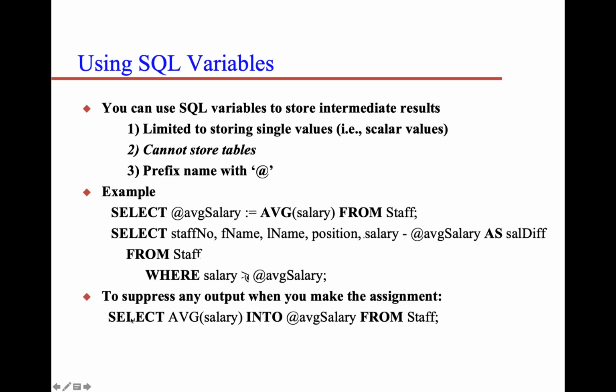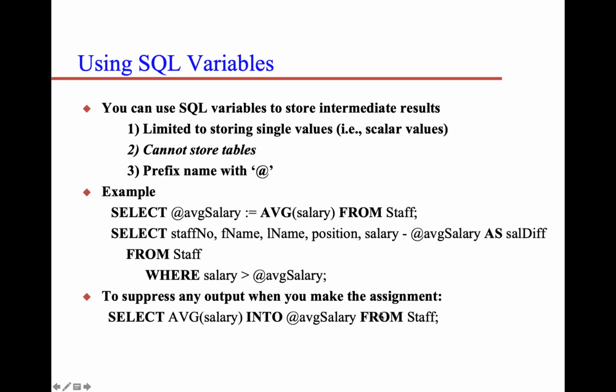Someone asked the other time, I believe, if you assign into a temporary variable, can you suppress the output? And the answer is yes. If you say select whatever it is into the temporary variable, that will suppress any output.